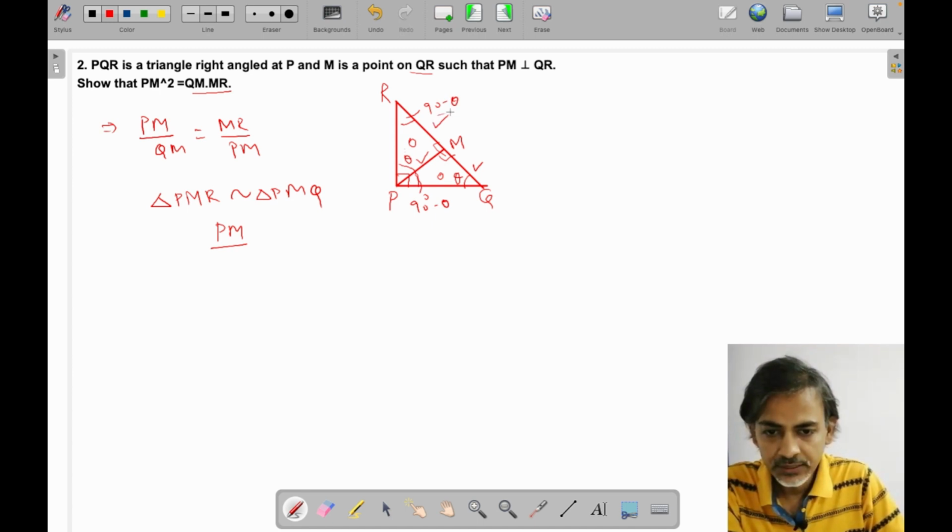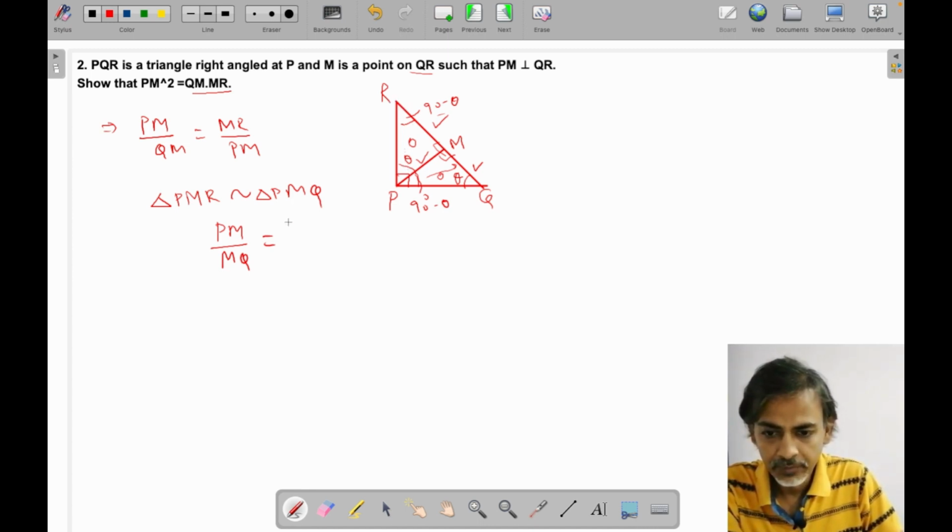So now we can say that this angle R is equal to basically angle P, right? So PM is opposite to the 90 degree minus theta angle. So we have to take a side which is opposite to 90 degree minus theta, which is going to be this side. So we have to take PM is to MQ. Similarly, we have to take MR. MR in this triangle is opposite to theta angle.